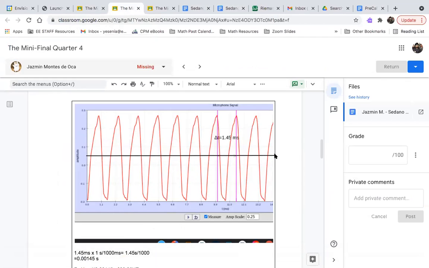Right here, right? I think so. Okay, so there's your midline. Remember, sine starts at the midline and then goes up. So that happens right here. Starts at this midline and then goes up.